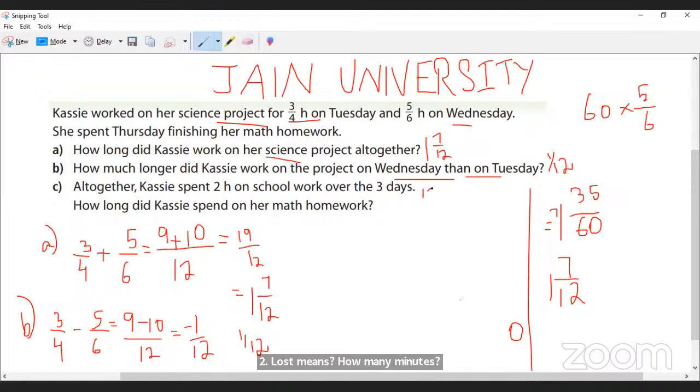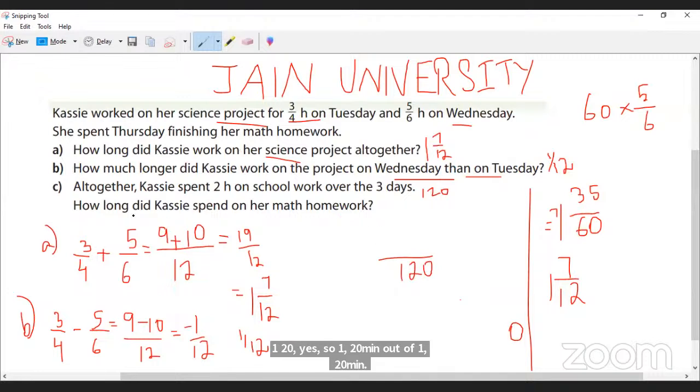So 120 minutes. Out of 120 minutes, they're asking, 2 hours in school over the day, how much did you spend only for the math? For the science, we know that it was spent 19/12.